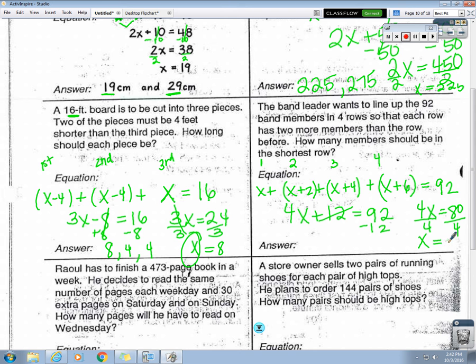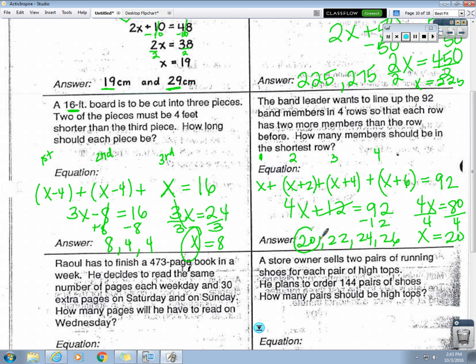Okay, regular x represents which row? The first one, which is the shortest. And they ask how many members should be in the shortest row? 20. And if you wanted to, you could go ahead and write out the rest of the rows just to confirm that it makes sense. Do those 4 values really add up to 92? Yes. But this is the answer because they just wanted to know the shortest row.